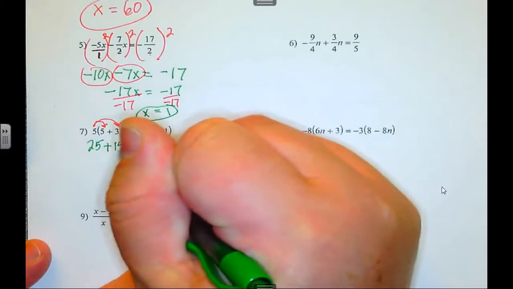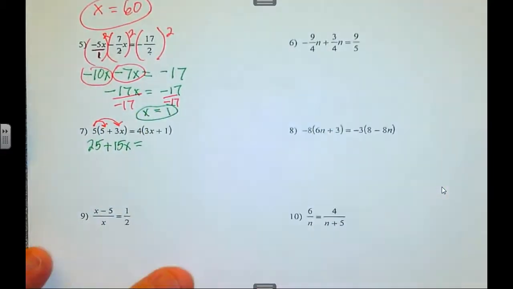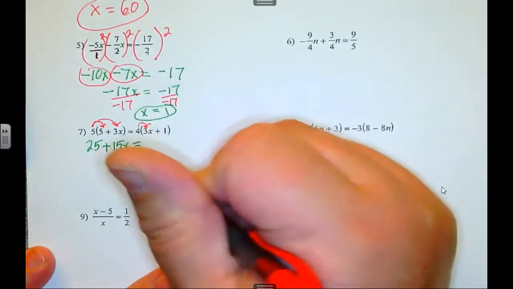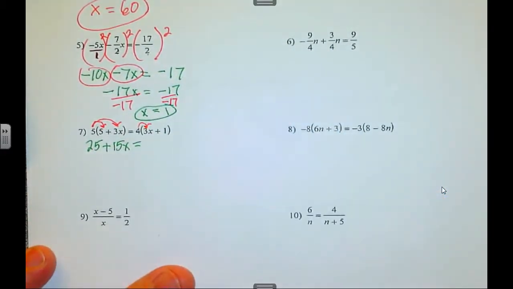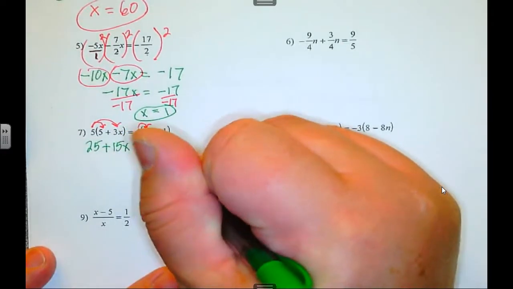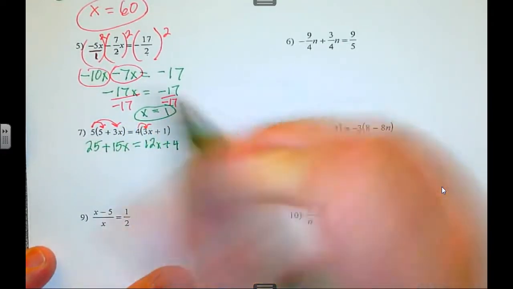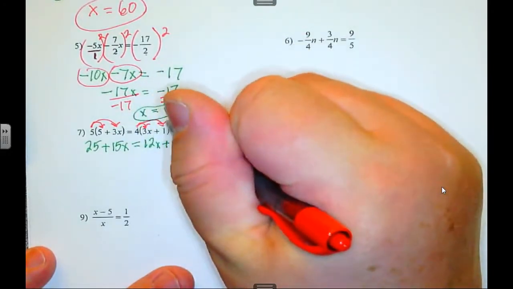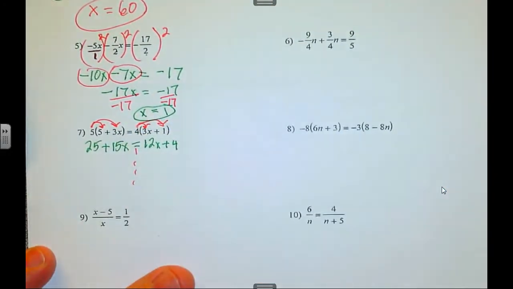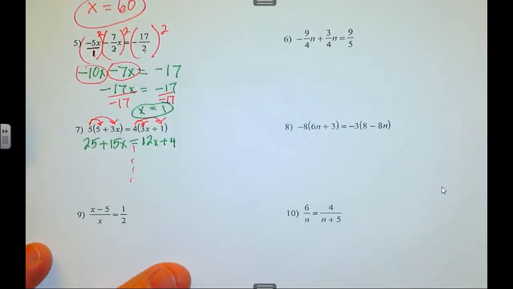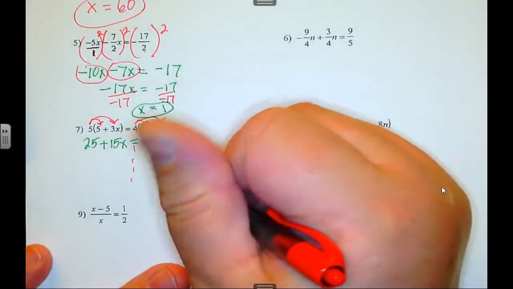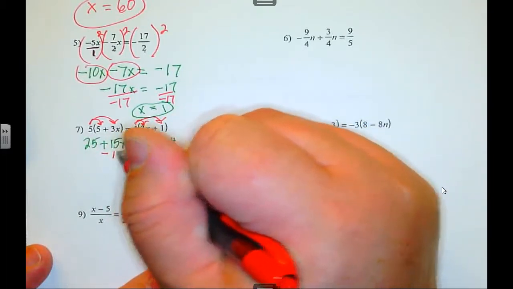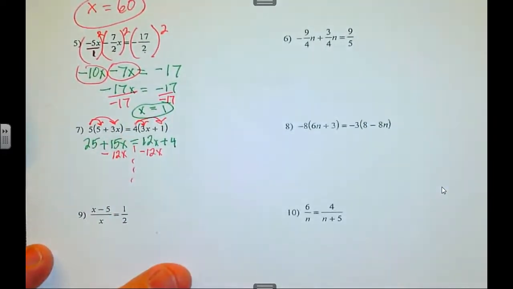Good. 4 times 3x, 12x. 4 times 1. Alright. Let's see, let's subtract 12x. You could do this several different ways.